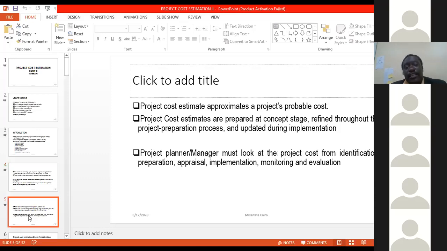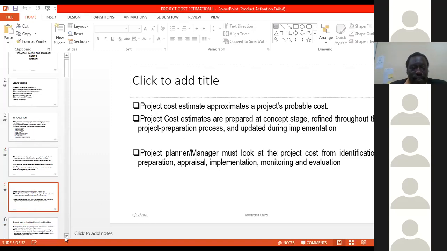So project cost estimates approximate the project's probable cost. The project manager must look at the project cost from the identification of the project itself, the preparation stage, appraisal stage, implementation, monitoring, and evaluation.